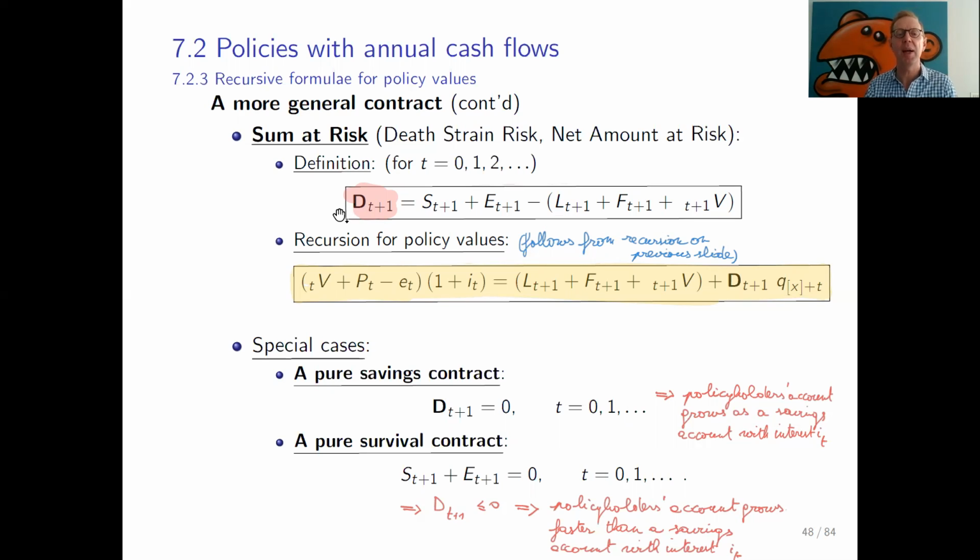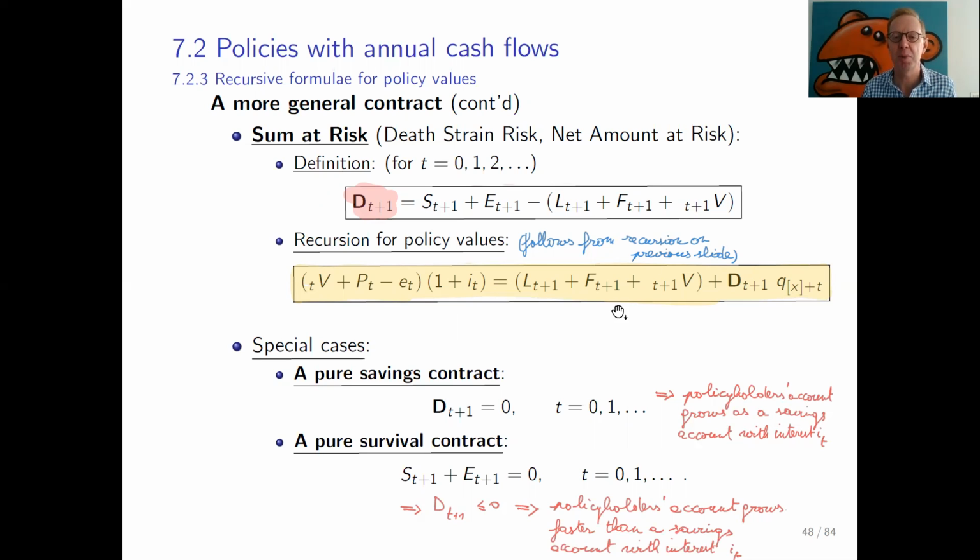We can then rewrite our recursion for policy values that we have seen on the previous slide in the following way. The available assets at time T plus 1 minus is, now for everyone, we give LT plus 1 plus FT plus 1 plus VT plus 1. So that's for everyone, not only for the survivors, but for the one who dies, then we need the amount DT plus 1, namely ST plus 1 plus ET plus 1 minus LT plus 1 plus FT plus 1 plus VT plus 1.